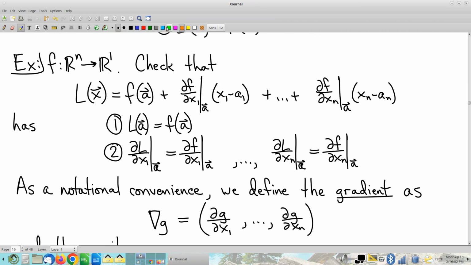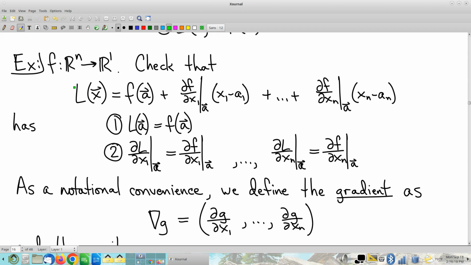So now let's suppose I have a multivariable function. Notice, multivariable in input variables. Now, for the moment, still real valued. We'll deal with the vector valued later. So real valued only, but now multivariable.